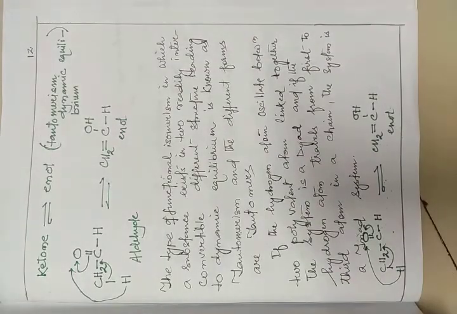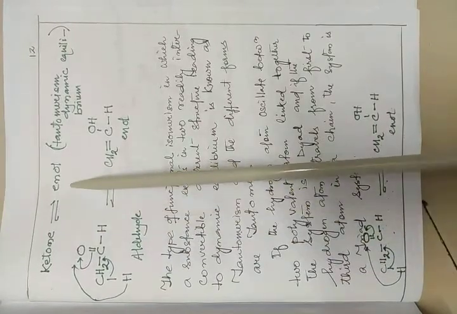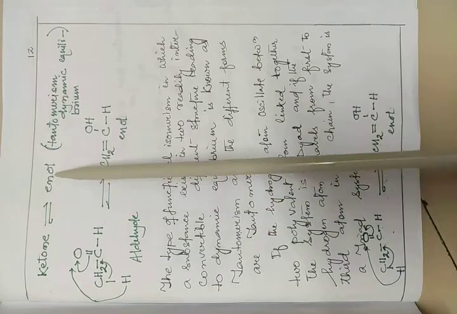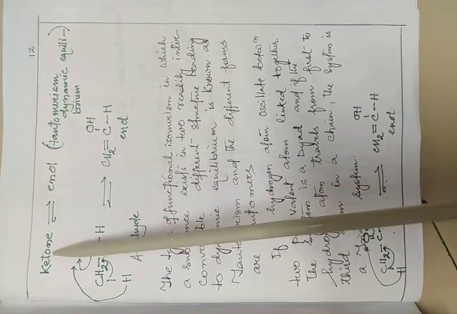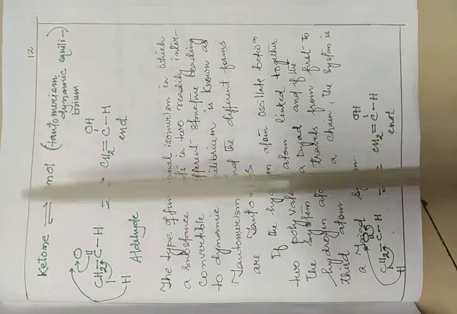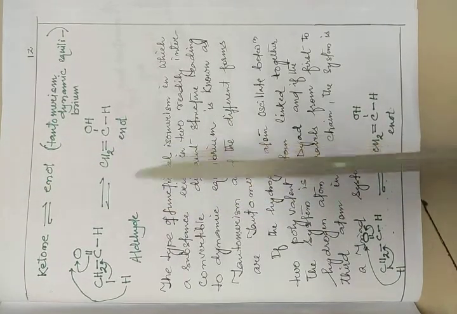So this is the condition. Now this ketone is in dynamic equilibrium, so that means it is interconvertible to enol. Ketone converts to enol, and this enol, this tautomerism is a dynamic equilibrium.